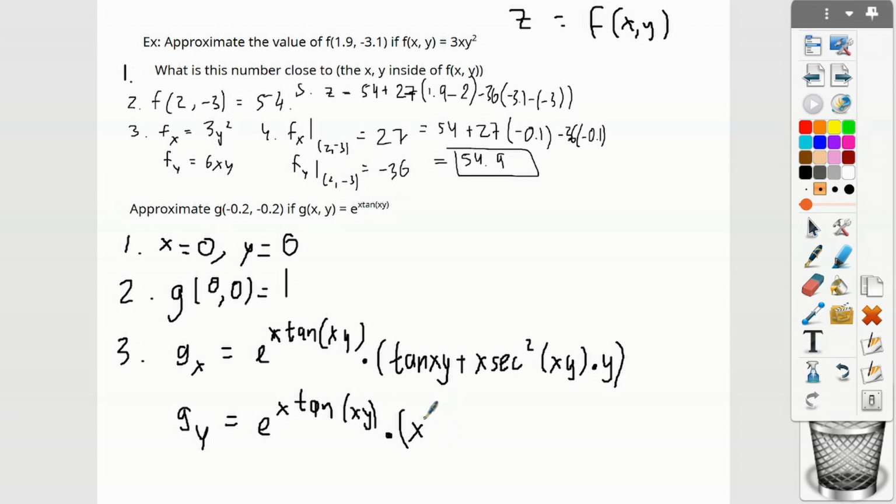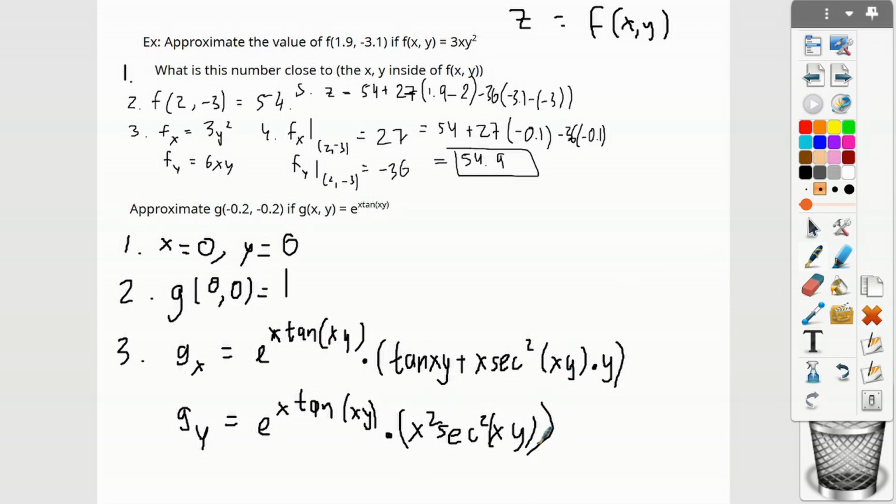It's just x times the derivative of tan of xy, which this time is squared because we're taking the derivative with respect to y. So it'll actually be secant squared of xy times x, but I just put a square on top of it. So it serves the same purpose, and that is what you get.